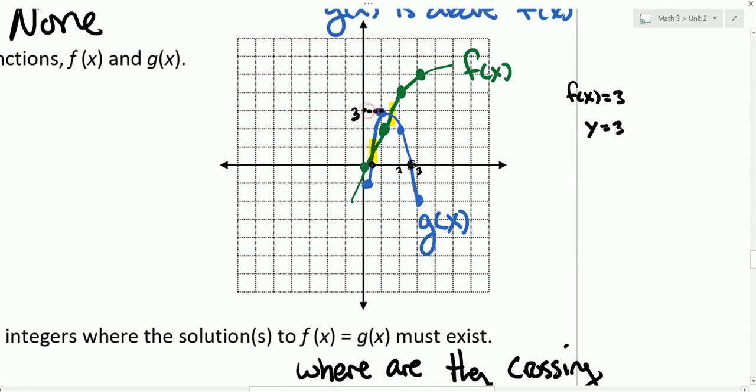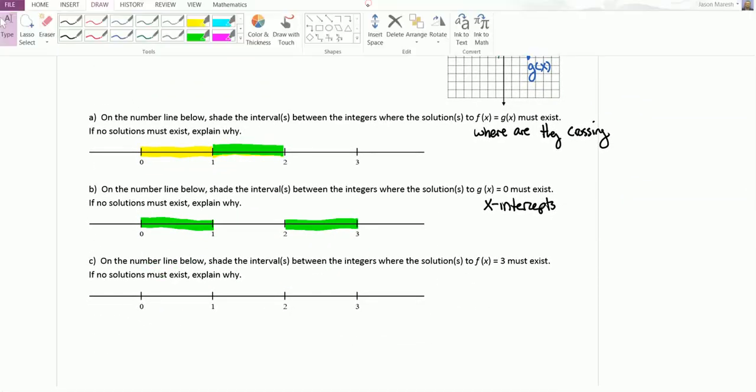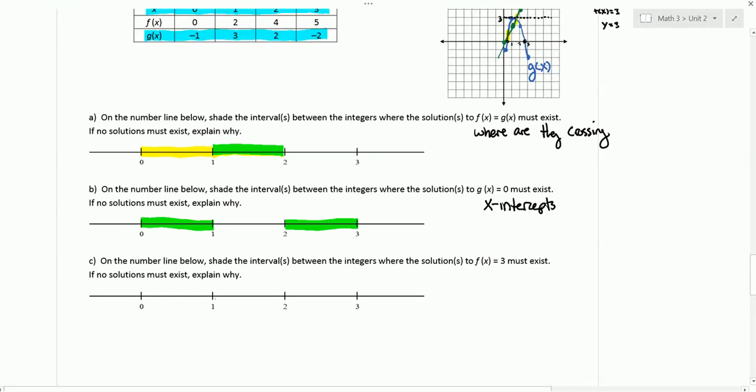And I'm just going to put a little dotted line across there. So that's height 3. So it's really saying, hey, when is the green graph, that's f of x, going to reach that height of 3? And that's going to happen somewhere on the x-axis, if I trace it down, between 1 and 2. Right? You can see it reaching that height. Ignore the blue, focus on the green. That green is reaching that height of 3 somewhere between x equals 1 and x equals 2. So I'm going to shade between 1 and 2.